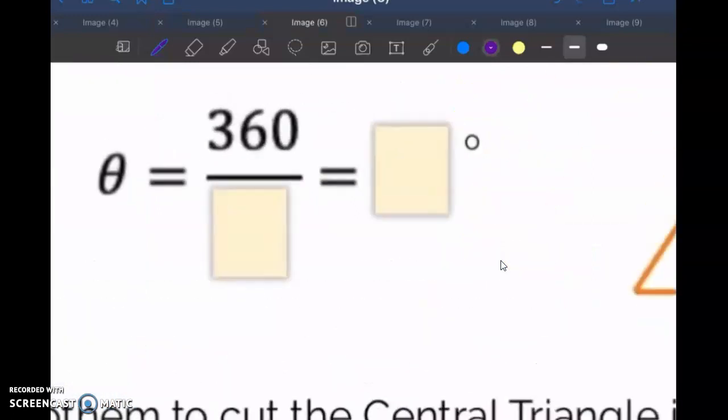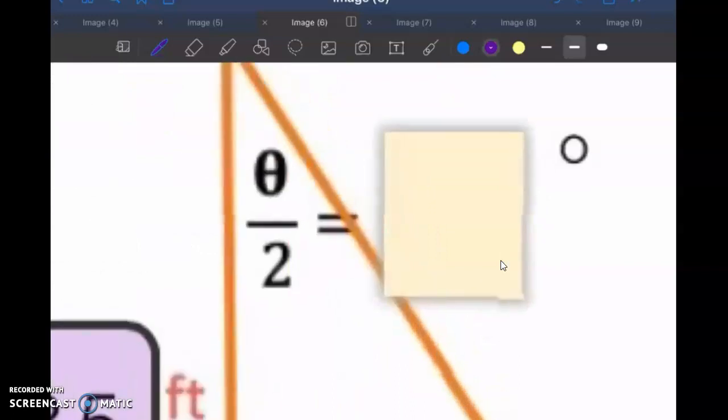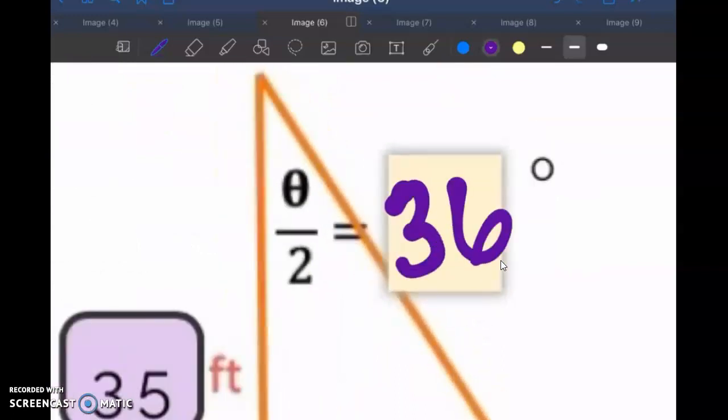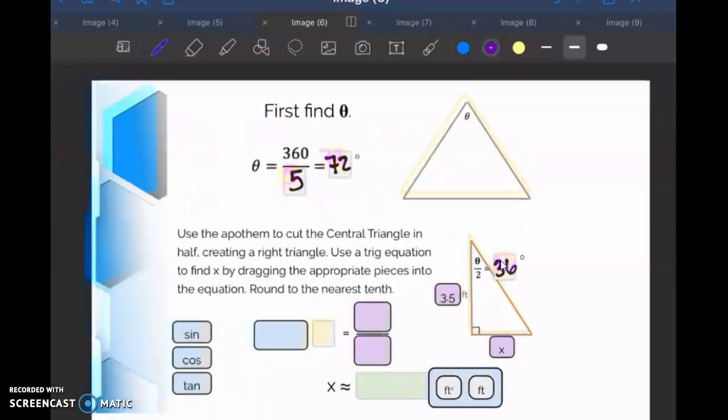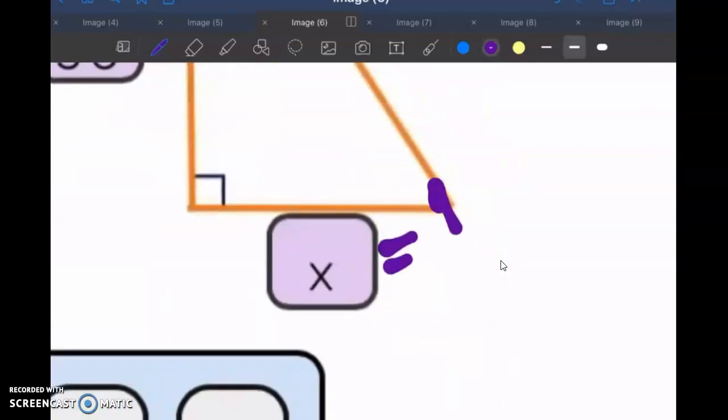We took 360 and divided it by 5 and got 72. Then we said, well, we don't want the 72, we want half of that, the 36. So that angle is 36 degrees. Then we can use this angle and what we know about trigonometry to find our half side length here. This x equals 1/2 of a side.